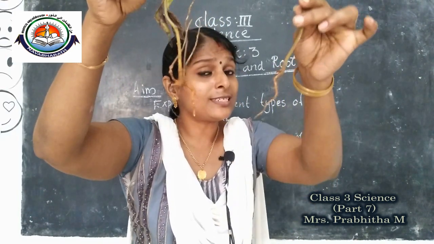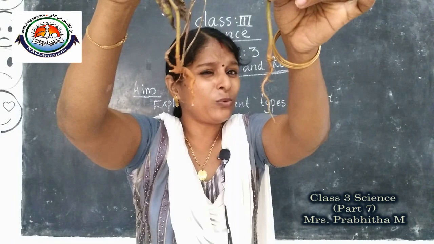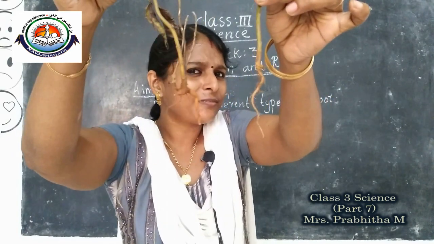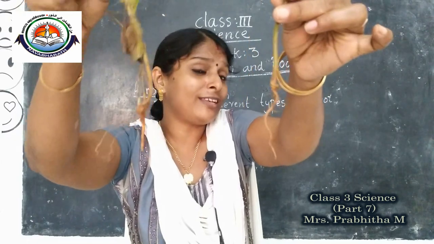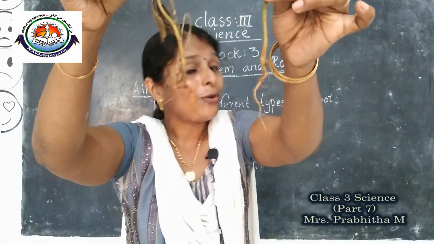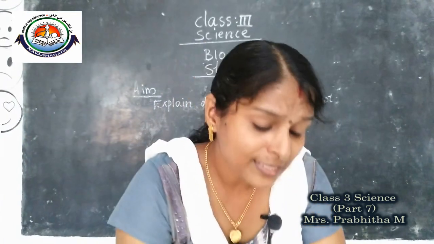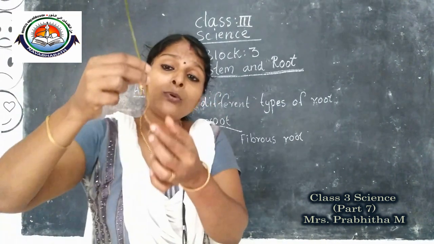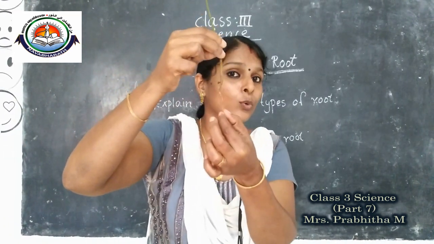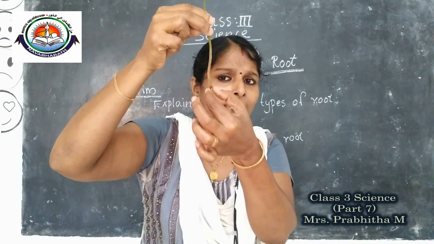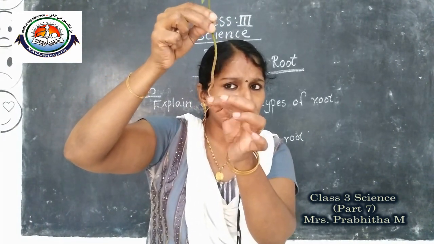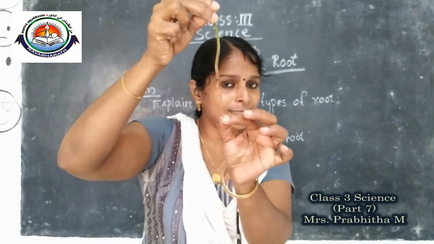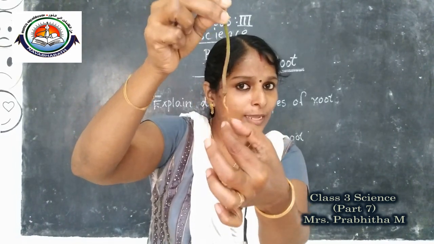So what is tap root? From this picture are you getting anything about tap root? Can you say any point about tap root? Okay, I will say. Tap root has one main root. Look, children, a strong and big single root you can see, isn't it? One main root.